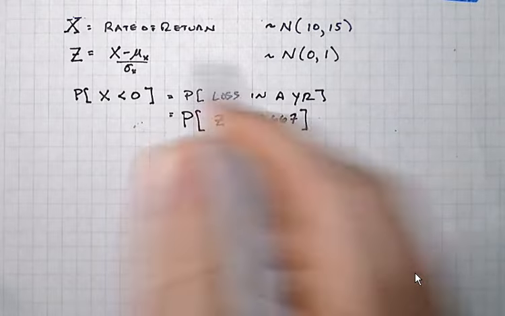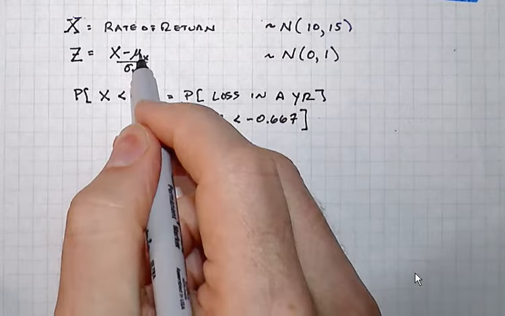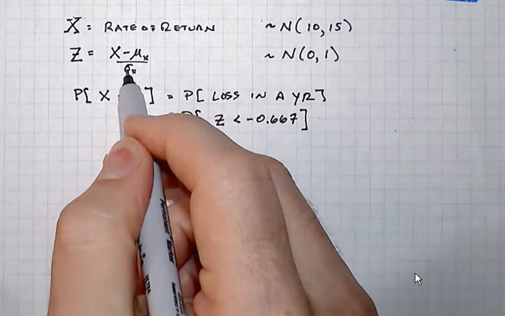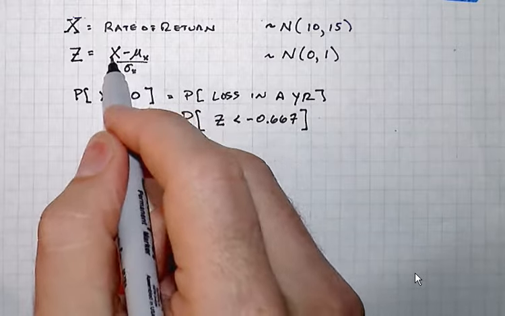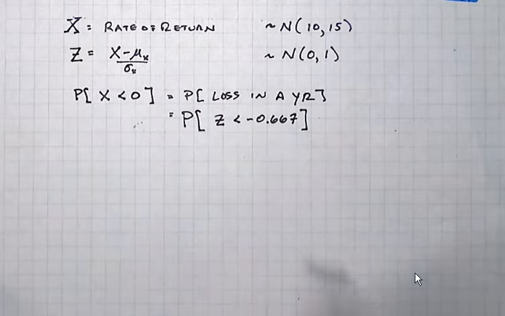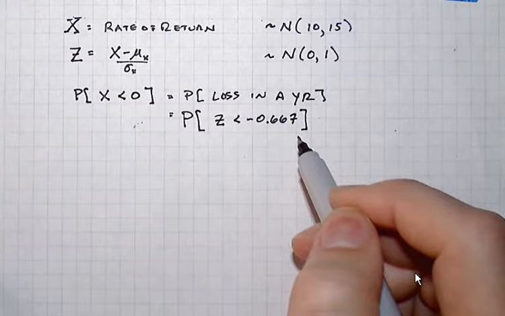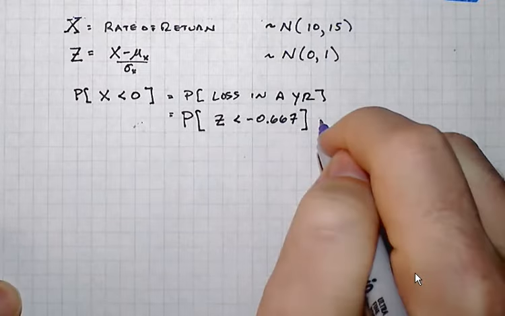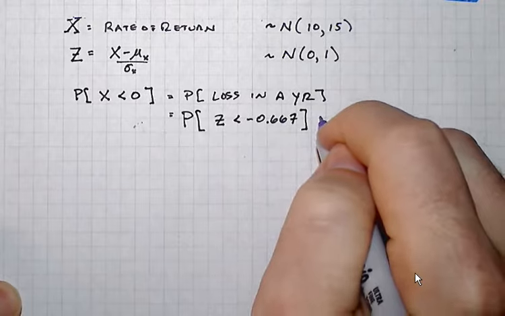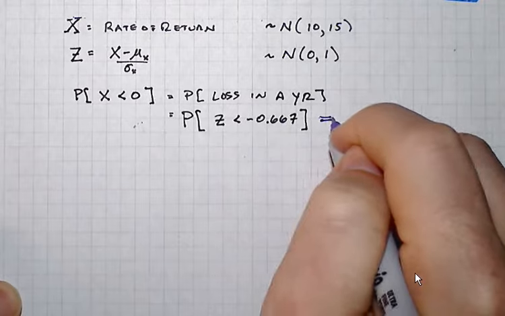Well, I plugged in the 0, plugged in 10 for the mean, and 15, keeping track of signs for the mean. Right, so 0 minus 10 divided by 15 gave us the minus 0.667. And we're not going to use MathCAD to symbolically evaluate this, although you probably could use it to numerically evaluate this. We could also use Excel and all kinds of tools.